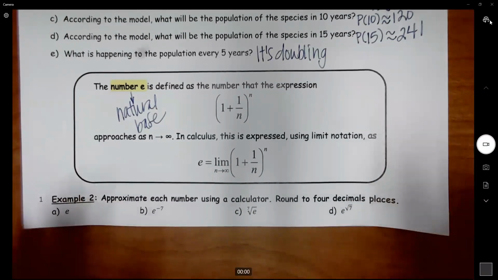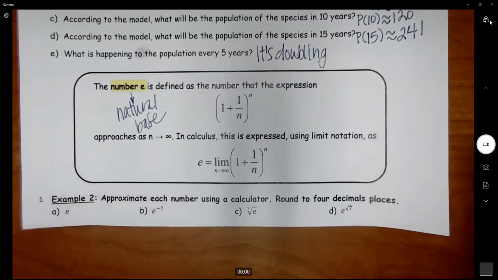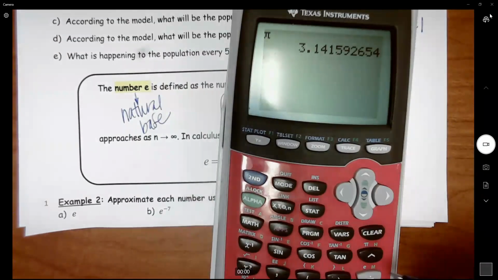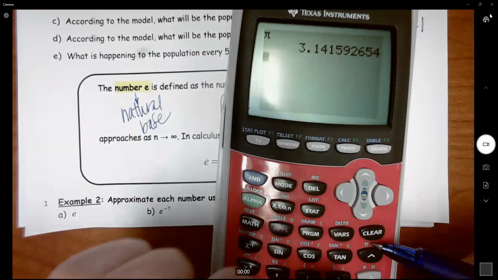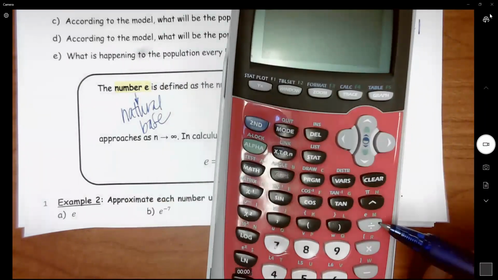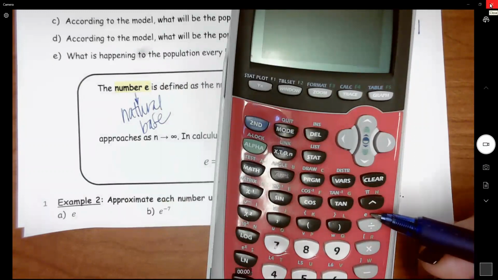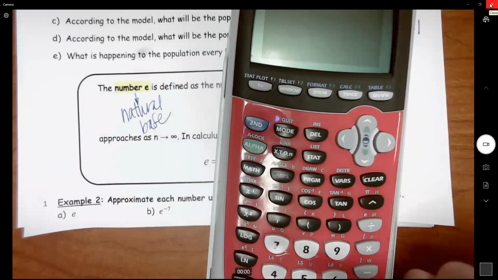But let's figure out how to find e, and more importantly, how to put it in our calculator. So we have pi right above my caret key, and above the division. No, we're not using that e. Just kidding. Not this one.